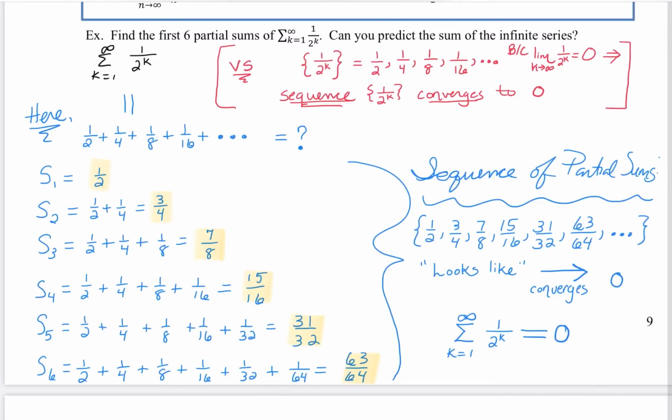I'm sorry, converges to 1. I was looking up above. I was getting ready to make a big comparison with what I wrote in red, and I fell prey to my own cautions. So it looks like this is converging to 1.